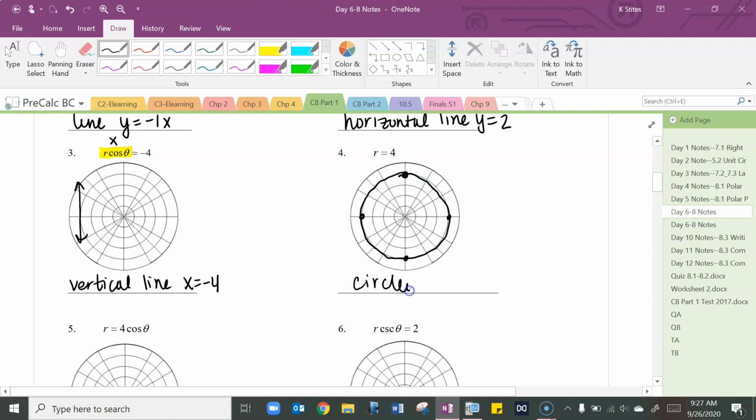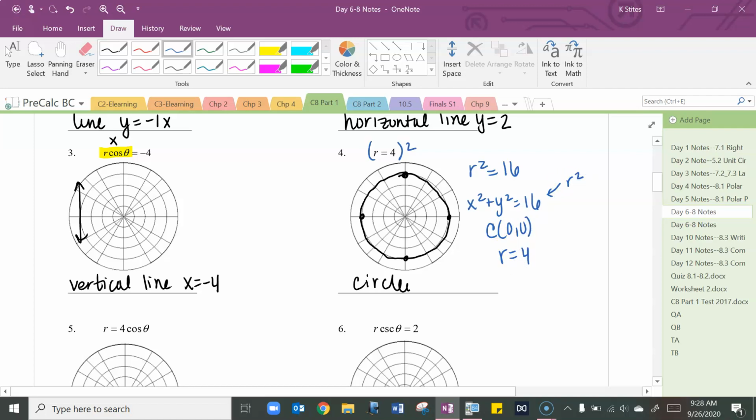And the way that we would write this in rectangular form, we talked about this in our last lesson, is that we could square both sides and get r squared equals 16, and r squared we know is x squared plus y squared. So this is a circle with a center at 0, 0 and a radius of 4, because again, this guy right here is going to represent your r squared value.